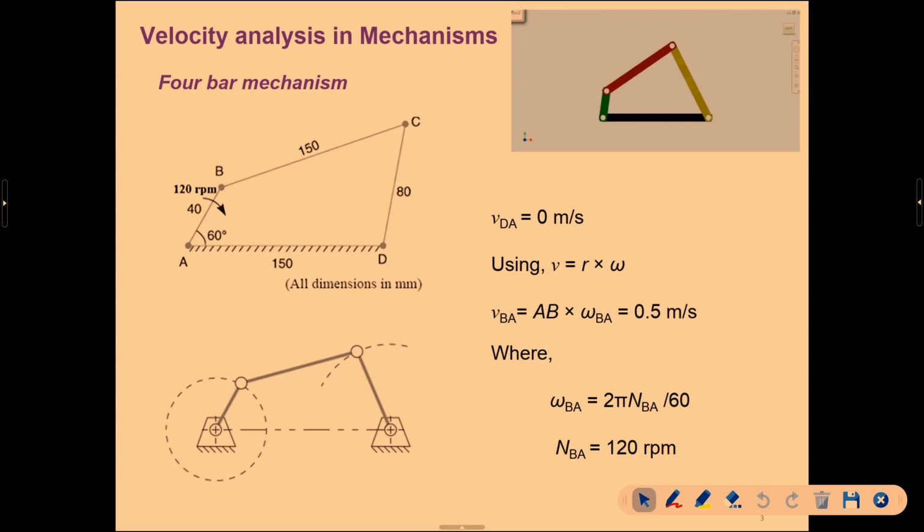Now coming to this link AB, let us say velocity of B with respect to A. Since A is fixed, it is convenient for me to express B with respect to A. Now the speed given in RPM can be converted to angular velocity using the relation 2 pi n_BA divided by 60.